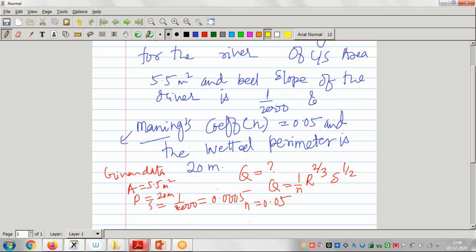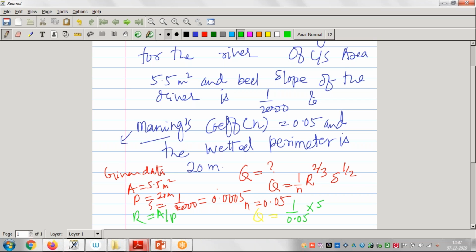Is it clear to you? So the discharge is 1 upon n, n is 0.05, multiplied by R. The formula for R is area upon perimeter.